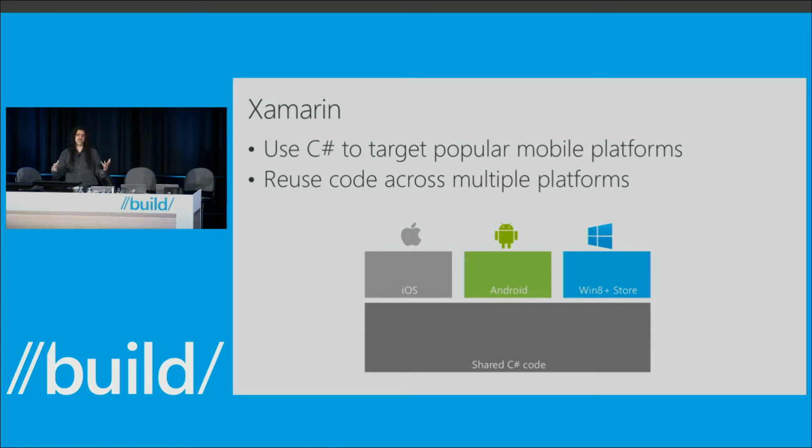You can share it by creating a portable class library, or you can literally share the code and recompile it when integrated with other projects. And then you have, again, still C#, but platform-specific C# projects, which reference this part, and they take care of all the aspects that are intrinsically different across platforms, such as UX elements, such as storage, and all the things that are specific to the platform.